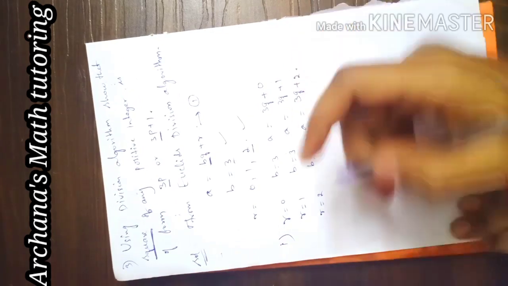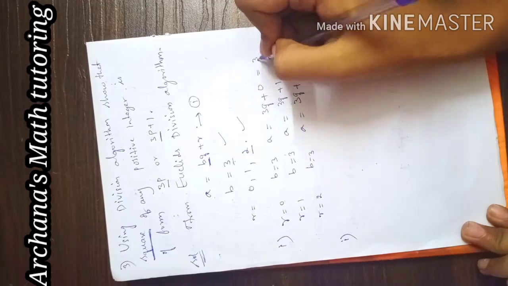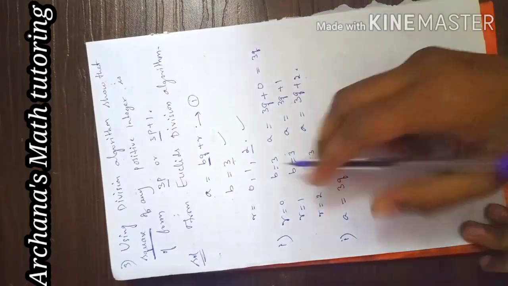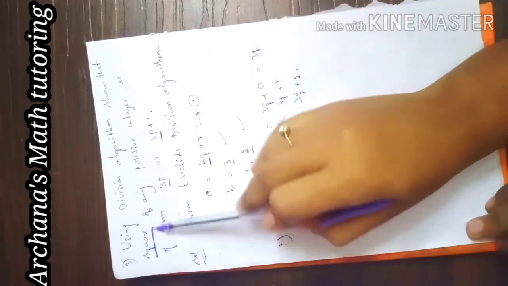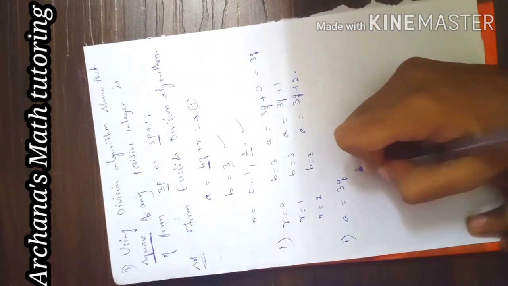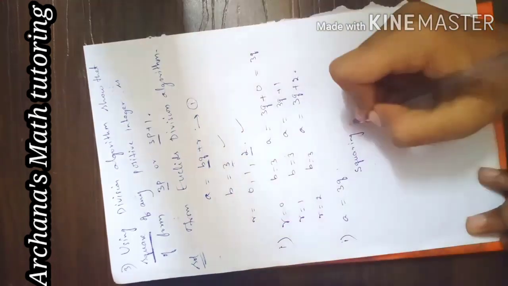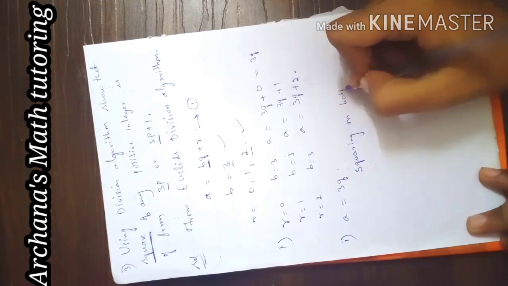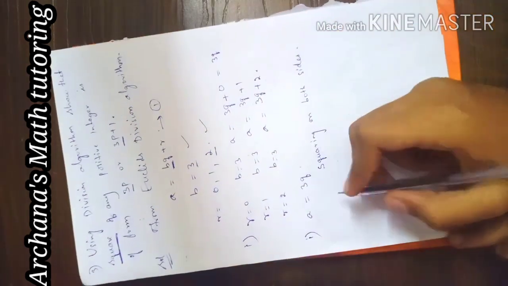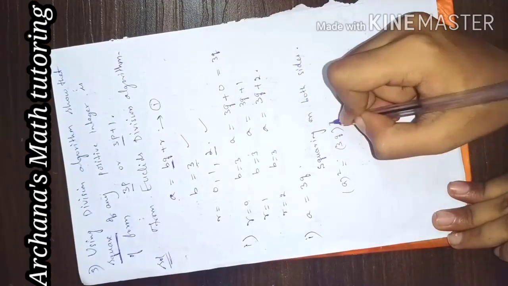So for the first case I will take a is equal to 3q. What did the question say? Show that the square of any positive integer. As it says square, we need to square both sides. After squaring we get a whole square is equal to 3q whole square.